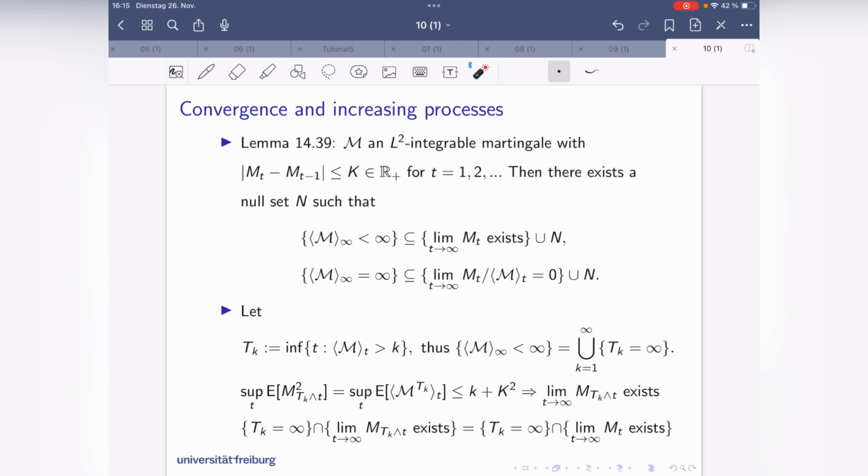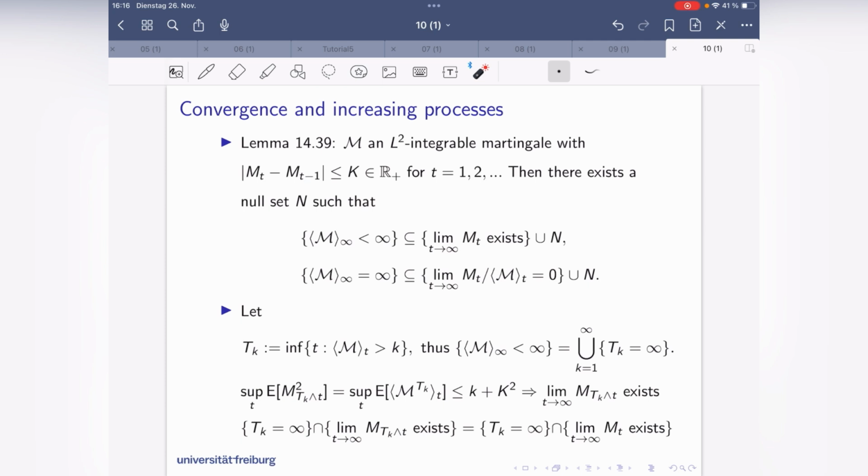Well, and the rest is easy because if I have this thing here, I can take one of the k's here where T_k is infinity, and if I take one k where T_k is infinity, this here converges to the limit of M_t itself.